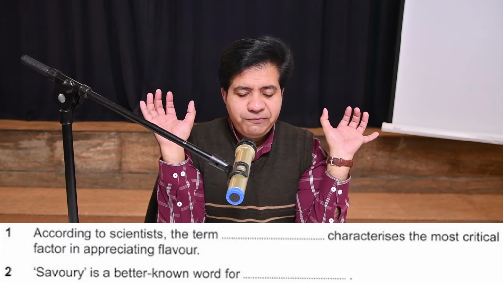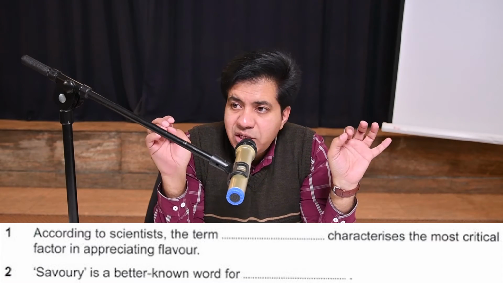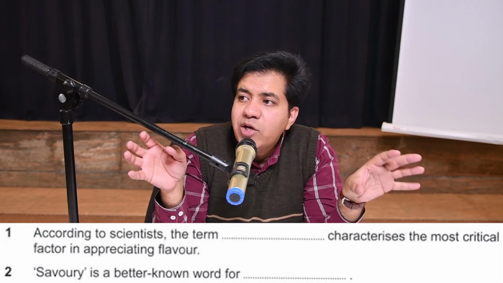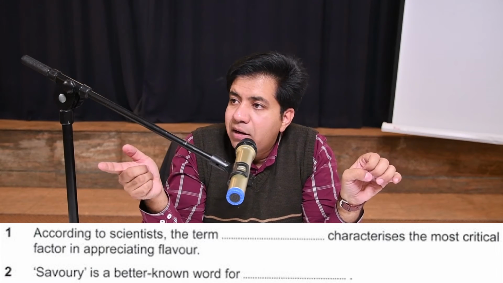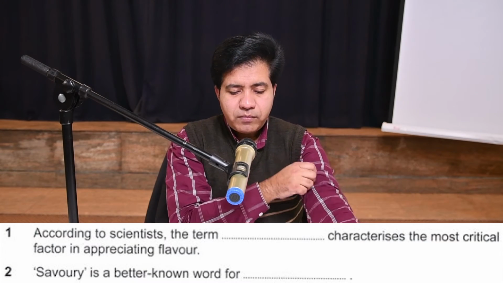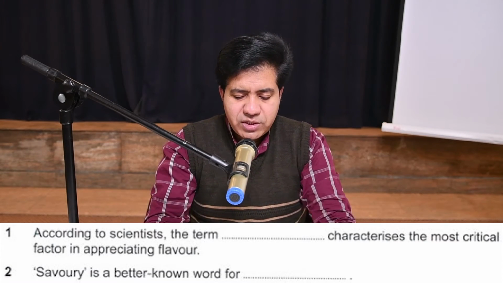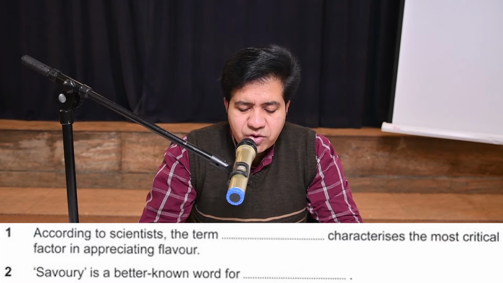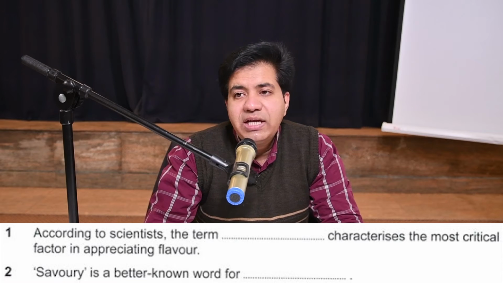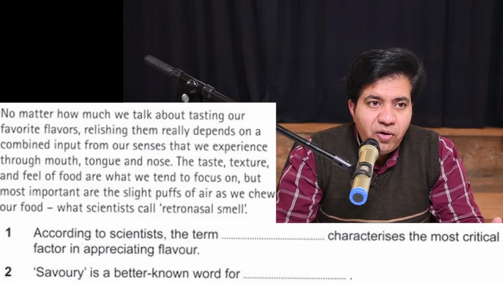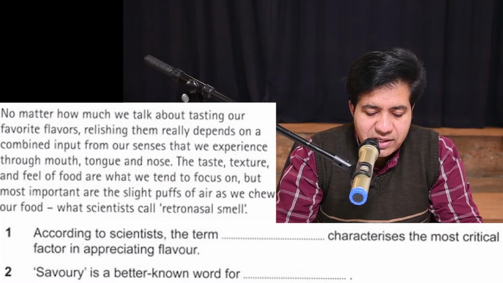Okay, so first thing is in section 1, the first 5-6 questions are usually grouped in the first or second paragraph, right? So you should know that. Question number 1, according to scientists, the term dash characterizes the most critical factor in appreciating flavor. Go back to the first paragraph and don't tell me the answer unless I ask you.